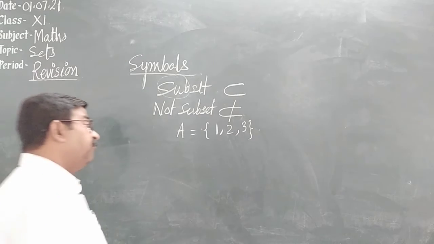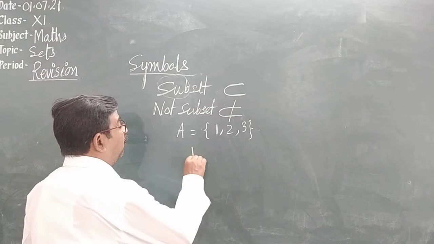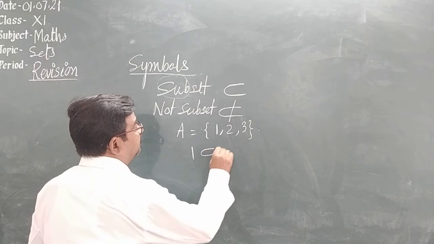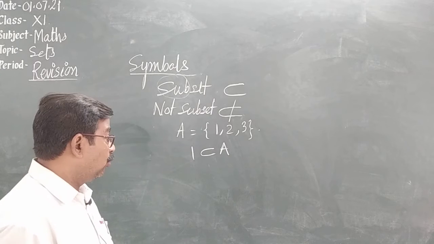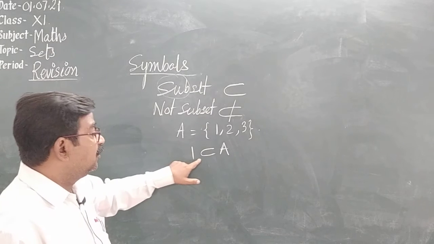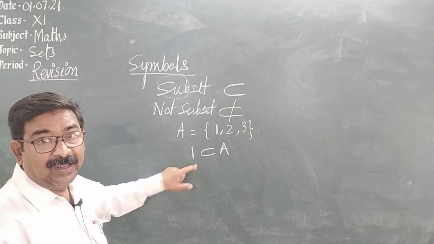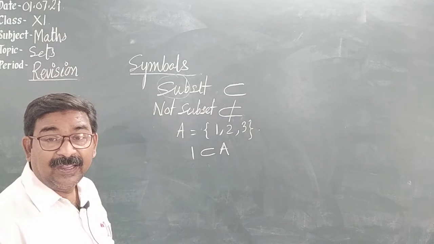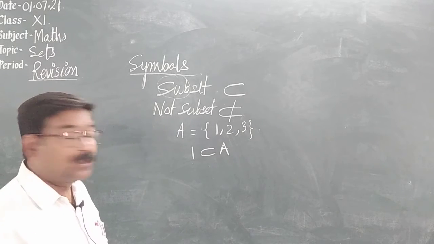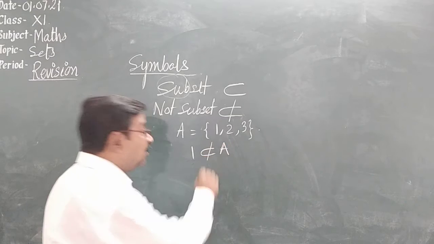See, if we write 1 is a subset of A, is it correct? No. 1 is an element, and an element is not a subset of a set. This is not a subset.